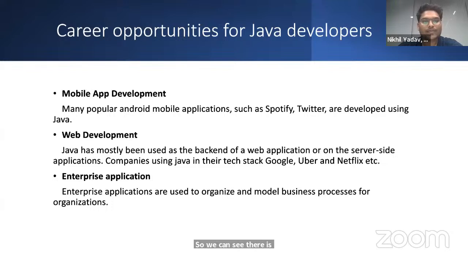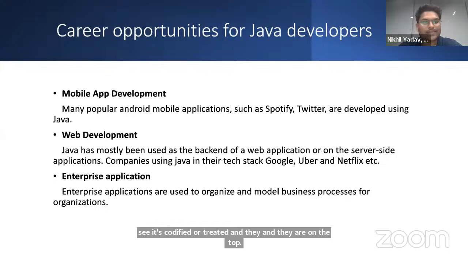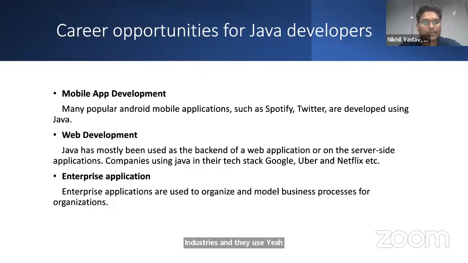One of the areas is mobile app development. Most Android applications are developed in Java, and top organizations use Java for their app development. We can see Spotify or Twitter. They are among the top industries, and they use Java for their mobile app development.